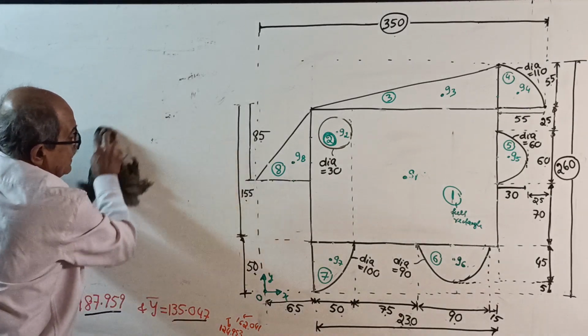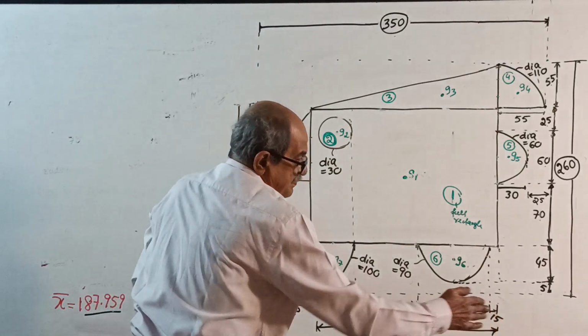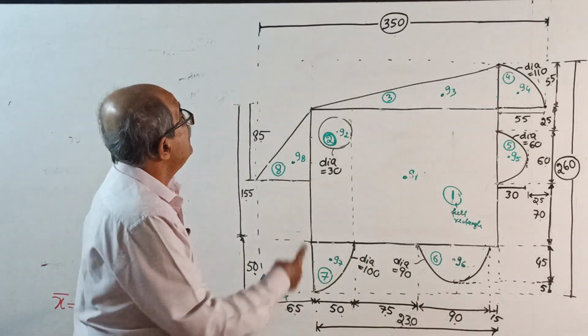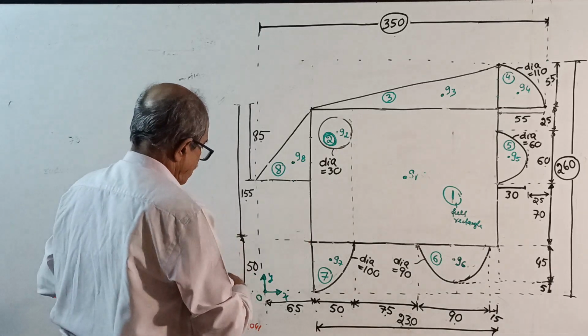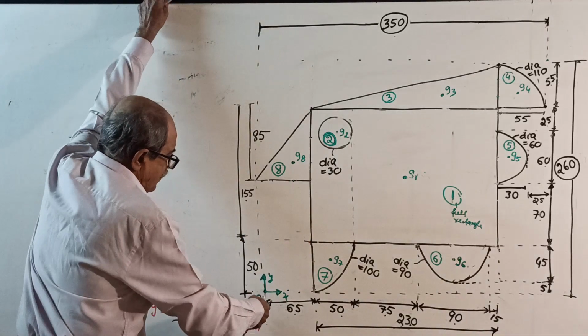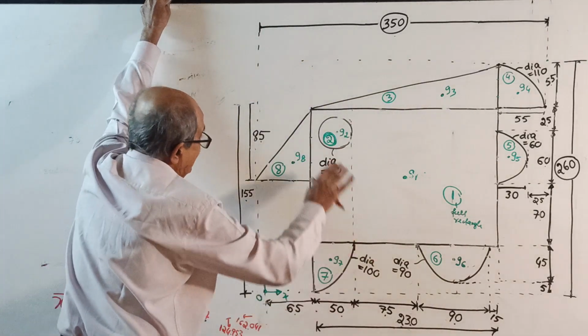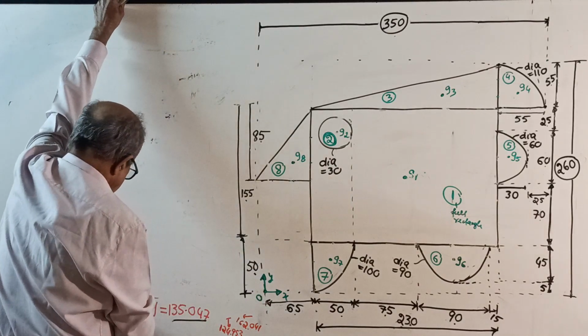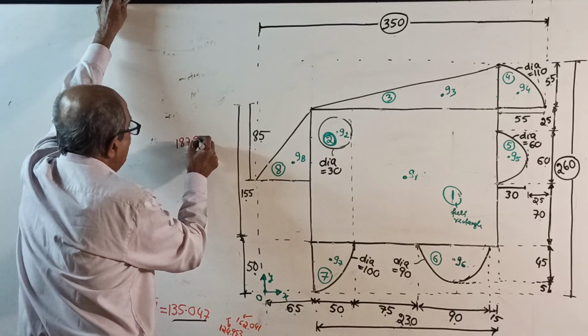Now start marking. Usually x bar I mark here, but there is no place, so on the upper side I left a gap for that. From the OY axis, x bar is 187.959 from the left side.